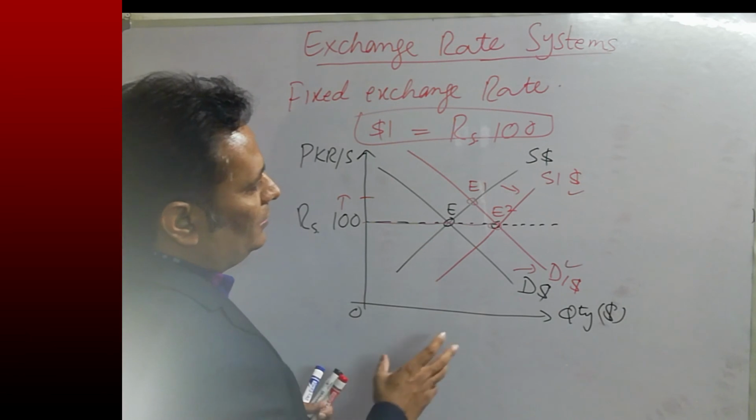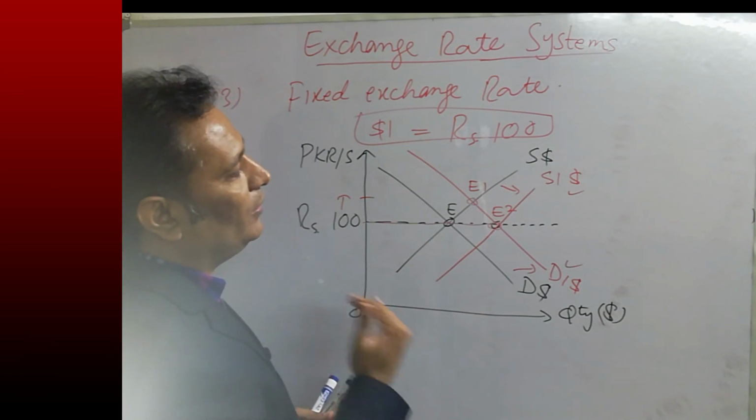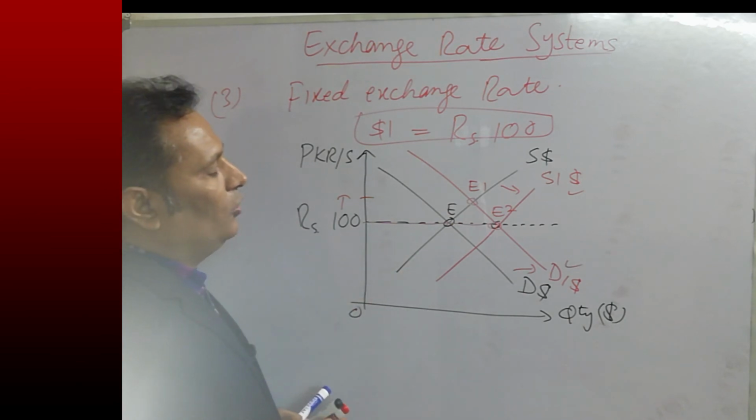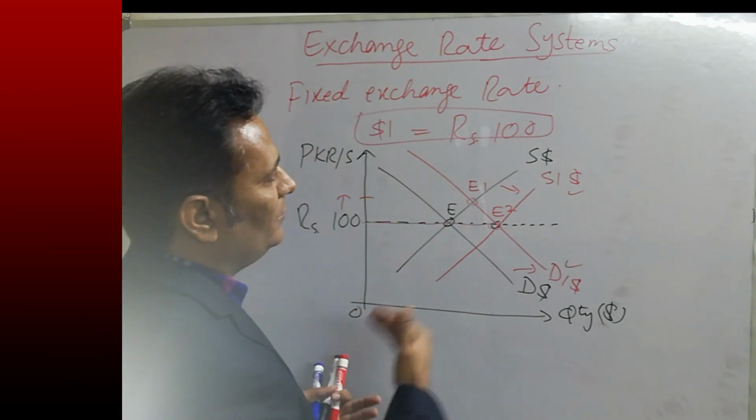But keep in mind, in this situation foreign currency reserves available with central bank will decrease because it is increasing supply of dollars from foreign currency reserves to the market.